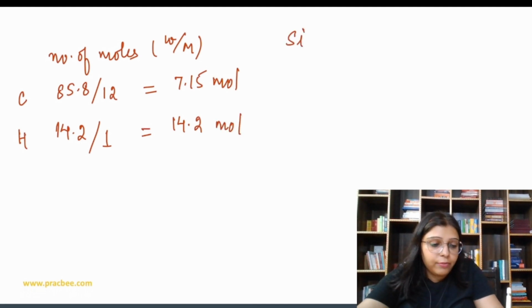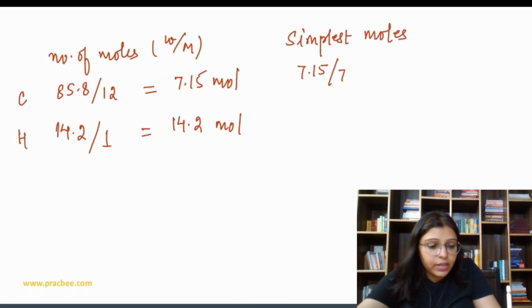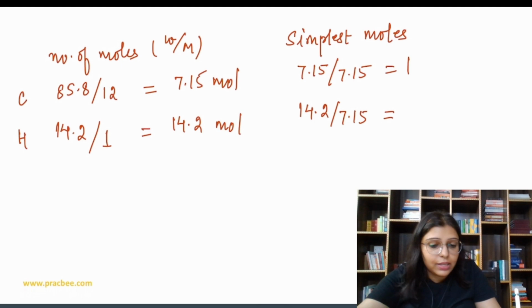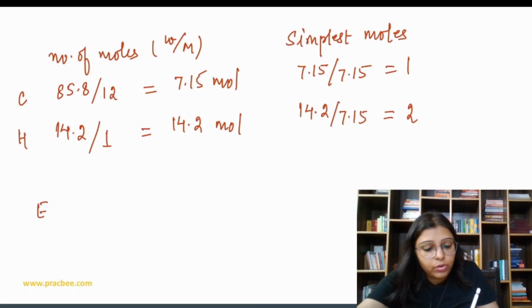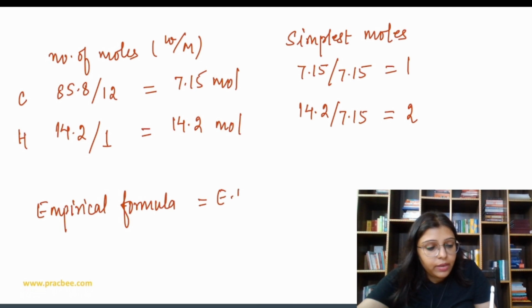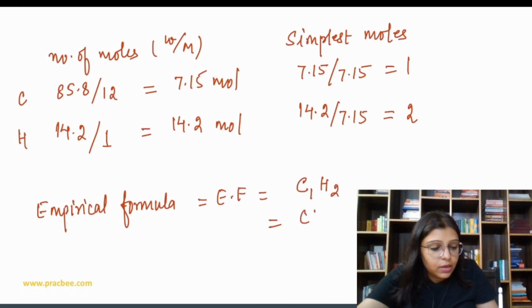Now we have to find the simplest moles. 7.15 divided by 7.15 is equal to 1, and 14.2 divided by 7.15 is equal to 2. So from the simplest moles we can find the empirical formula, which is C1H2. Empirical formula is CH2.